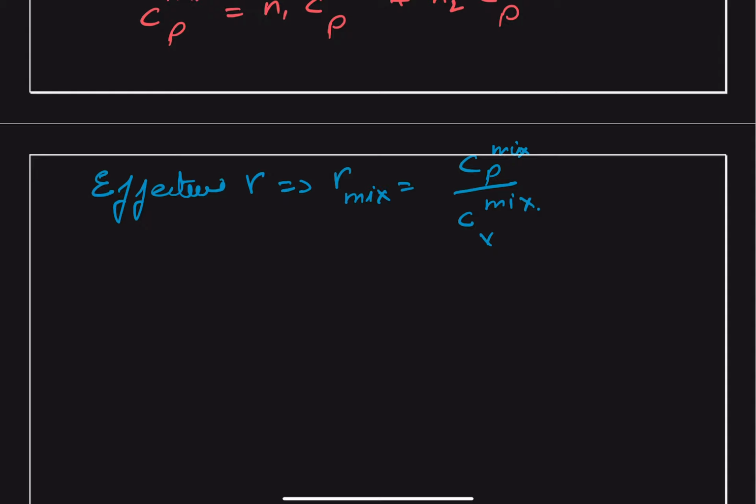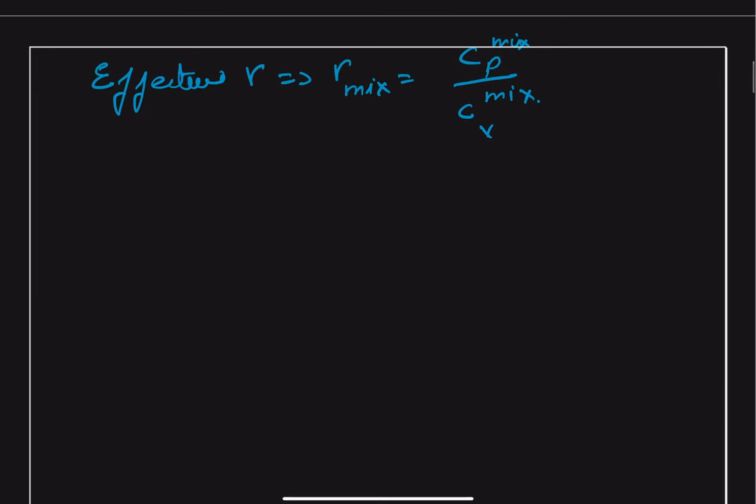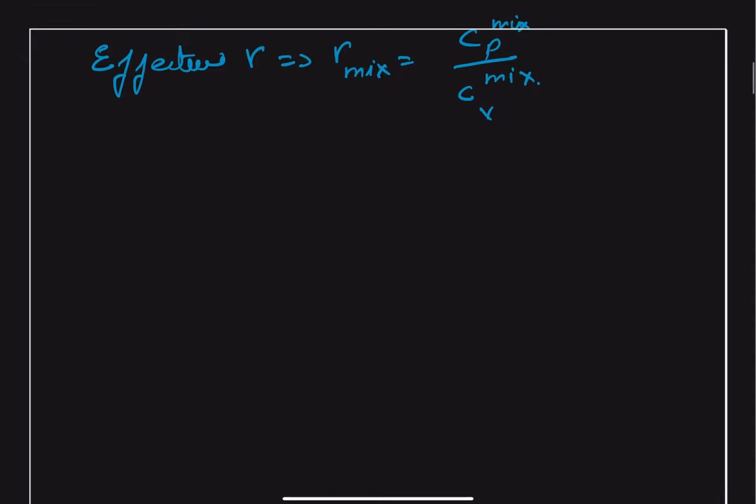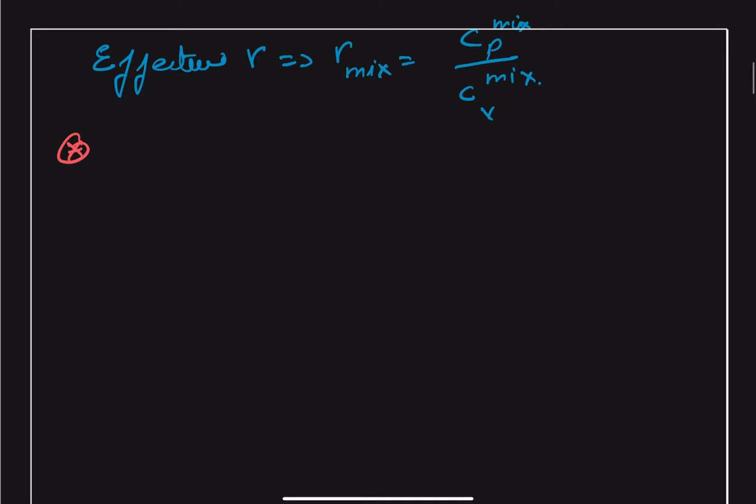Now let us calculate the respective Cp mix and Cv mix, and for that we are going to use the degree of freedom and heat capacities.